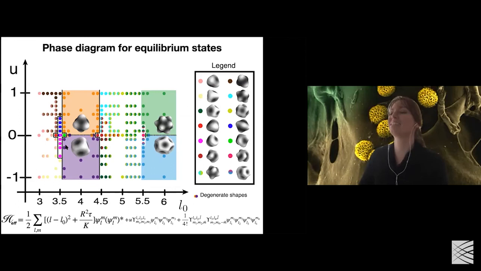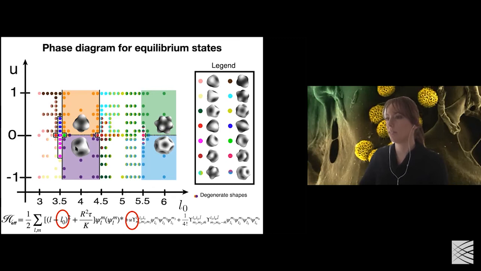All right, so this is a simple phase diagram that we ended up coming up with. We did calculate a lot more phases for higher L naught terms, but they're just not included in this particular phase diagram. But let's explore what we found. We essentially tweaked these two knobs, these two parameters, which are represented on our axes here. L naught, of course, is this sort of inverse wavelength value.